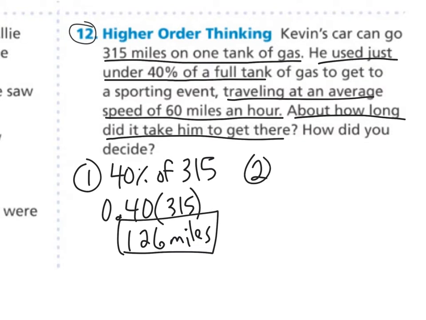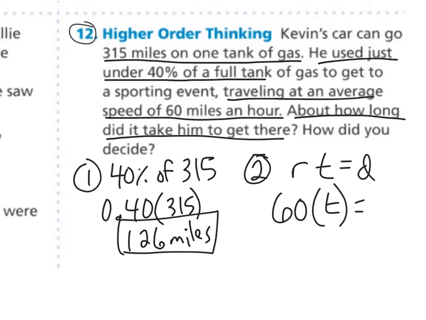Okay, the question wasn't how far did he go, the question was how long would it take for him to get there. So there's a formula that's commonly used in a situation like this. It's called rate times time equals distance. The rate is the speed you're going, so 60 miles per hour. The time is what we're trying to find, and the distance is 126 miles.